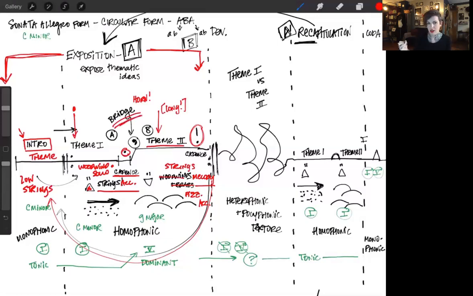Here's our bridge. And we're back at theme 2.